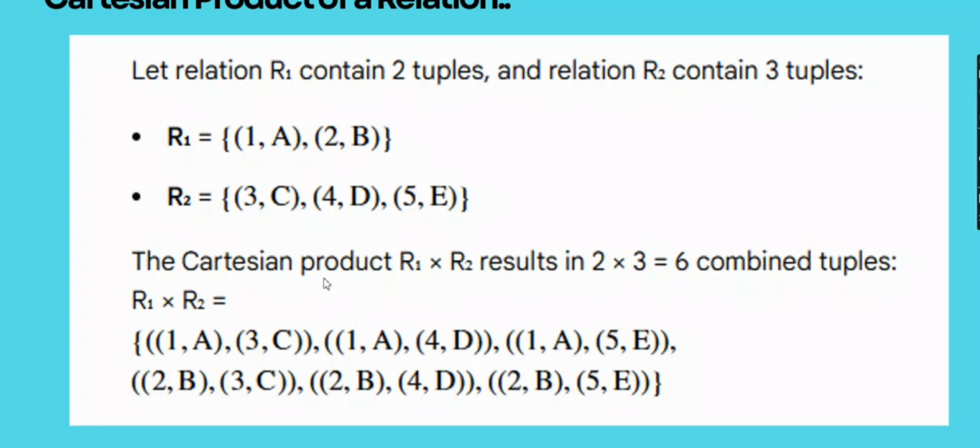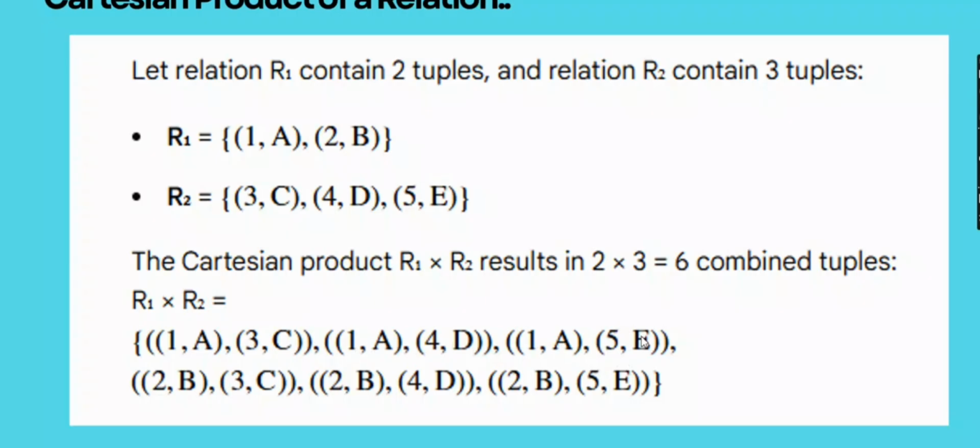Next you see 2, B, 3, C is another pair, 2, B, 4, D is another pair, and 2, B, 5, E is another pair. So we have got a new relation R1 cross R2, where this is one tuple, 1, A, 4, D is another tuple, 1, A, 5, E is another tuple.